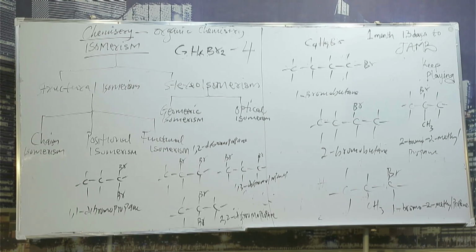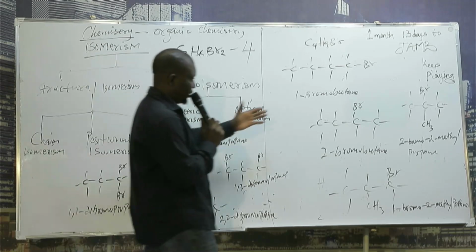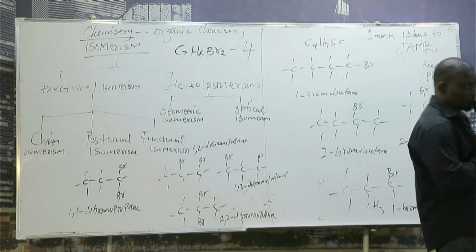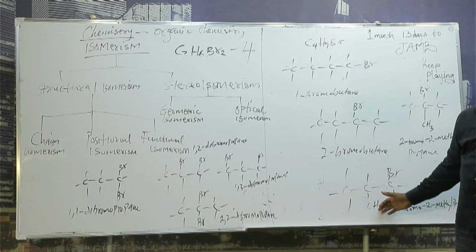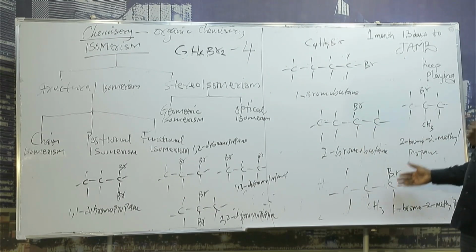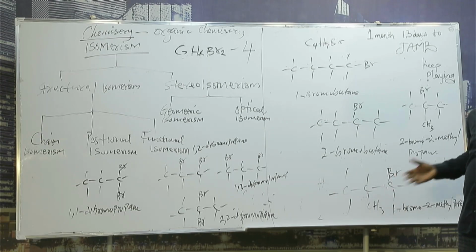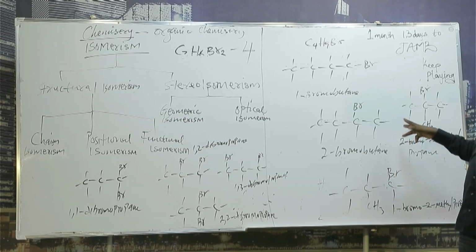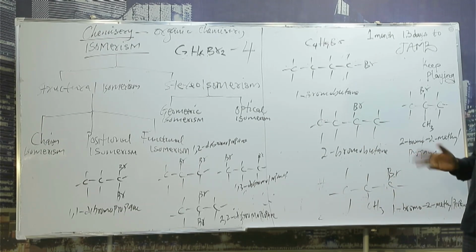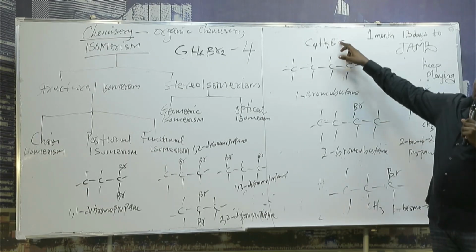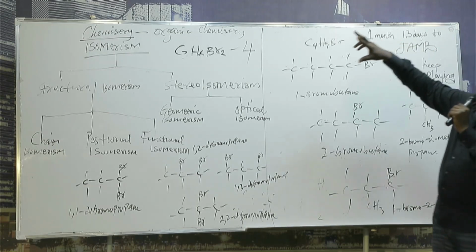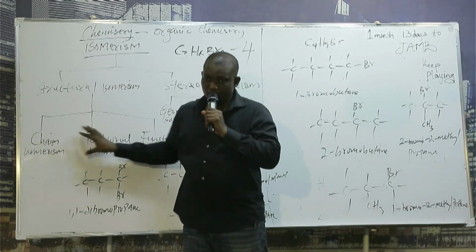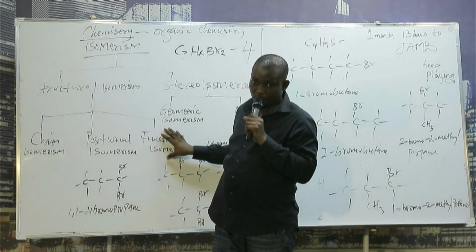Before I give an example, look at these structures here. In these four structures of this compound, 1, 2, 3, 4, how can we get this structure in an exam? If I were an examiner, there are so many questions I can ask you from here. In this particular compound, we have structural isomers: chain, positional, and functional.